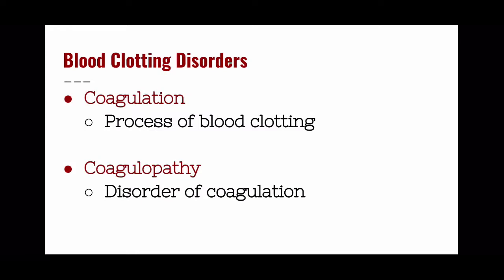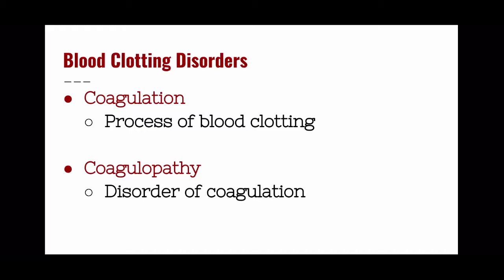Two other terms you will need to know are coagulation and coagulopathy. Now, both of these words share the root coagulo, which means clump, and the only difference is their suffixes. The suffix ation on coagulation means process, so coagulation means the process of clumping, or in other words, the process of forming a blood clot.